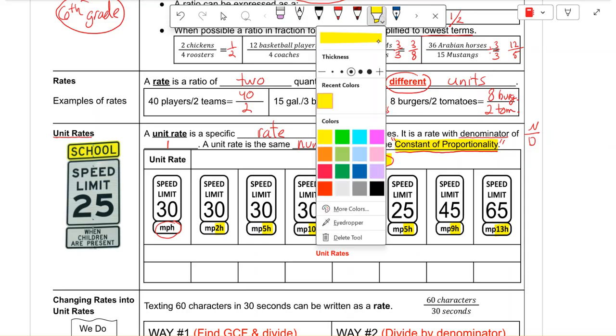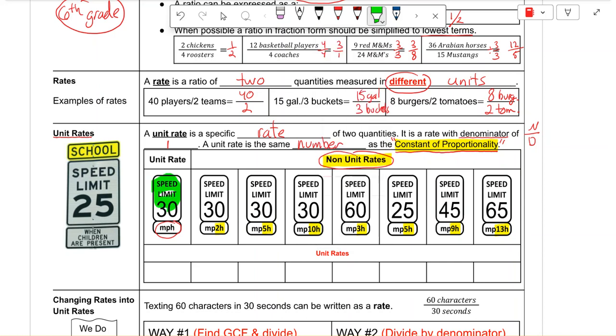This first one is very simple for people with their driver's license. The speed limit is 30 miles per 1 hour. And that just simply goes like this: 30 miles per hour.